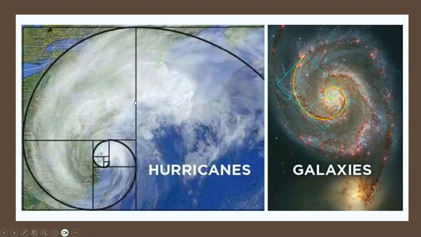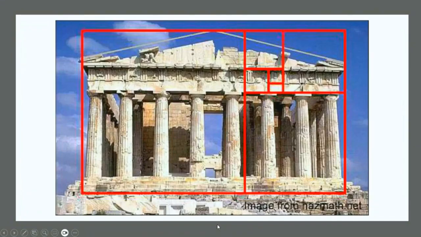Really interesting the way that Fibonacci works in life, and finding this sequence appears in spirals, and even you see those same rectangles in architecture. This was the Pantheon, this stuff from Greece, millennia ago.